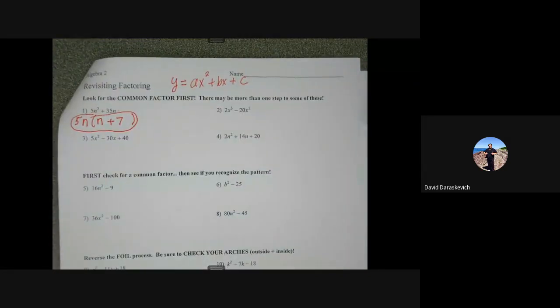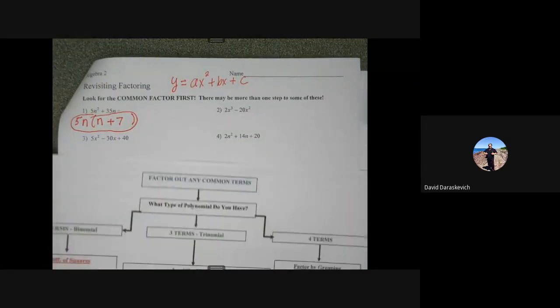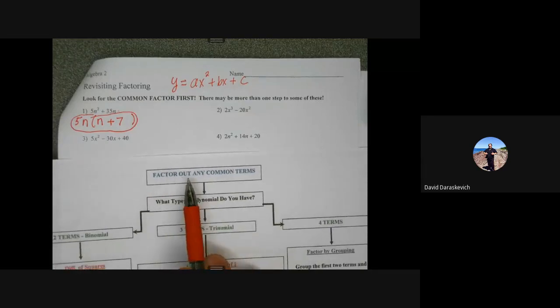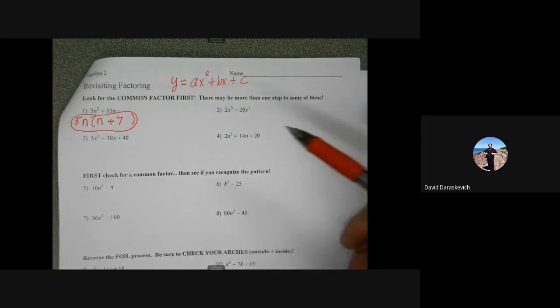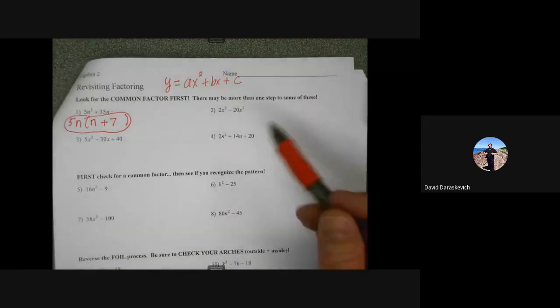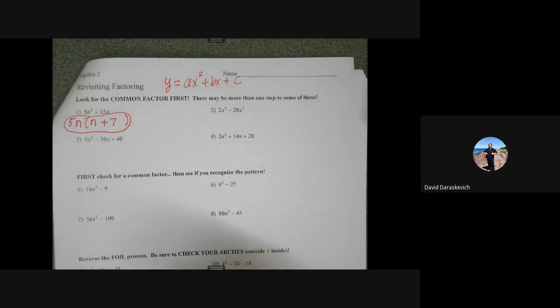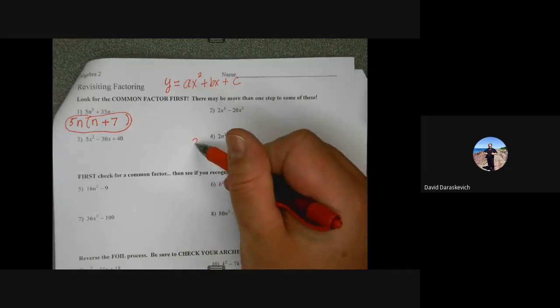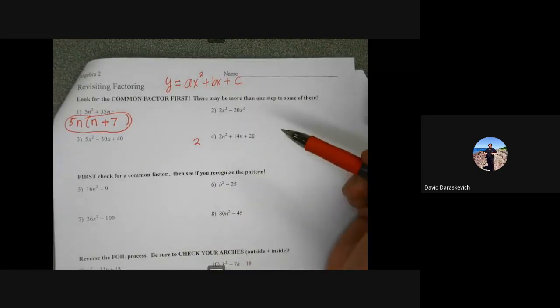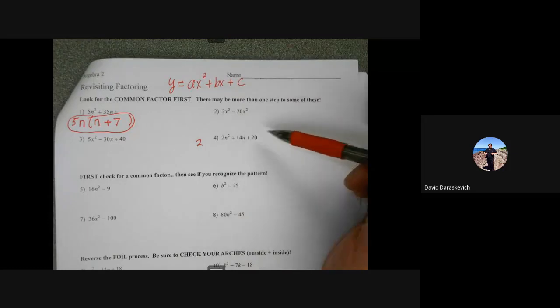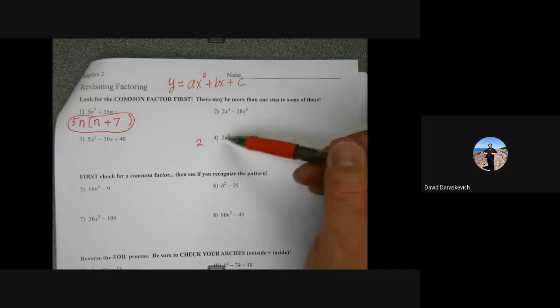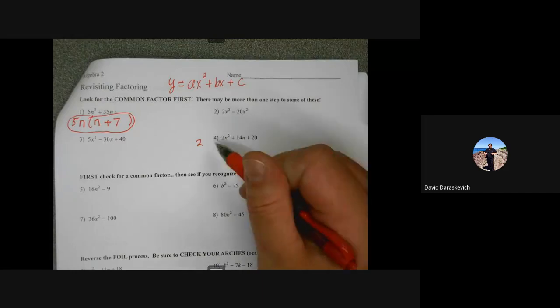All right, let's look at number 4. Again, the first thing I'm going to do is see if I can factor out any common terms. I'm looking at the numbers, and I have a 2, a 14, and a 20. And I notice, hey, I can take a 2 out of all of these. Then I look at the variables: 2 n's here, 1 n there, no n's here, so I can't take out n's from every term.